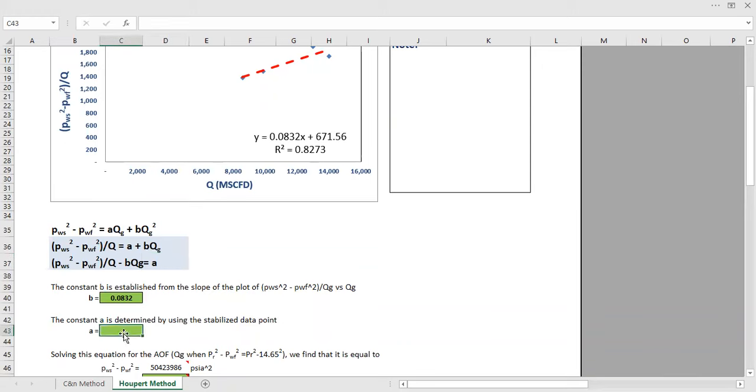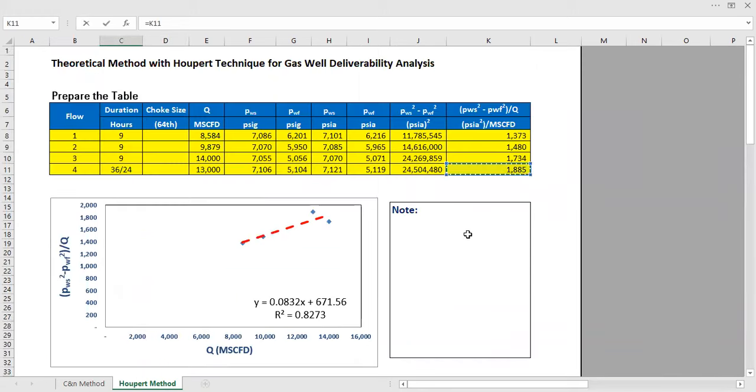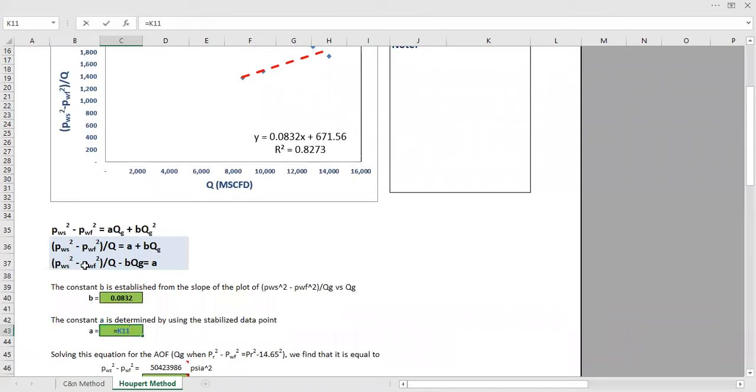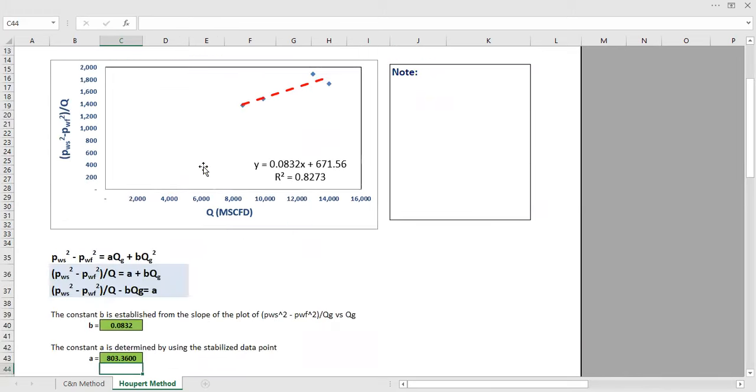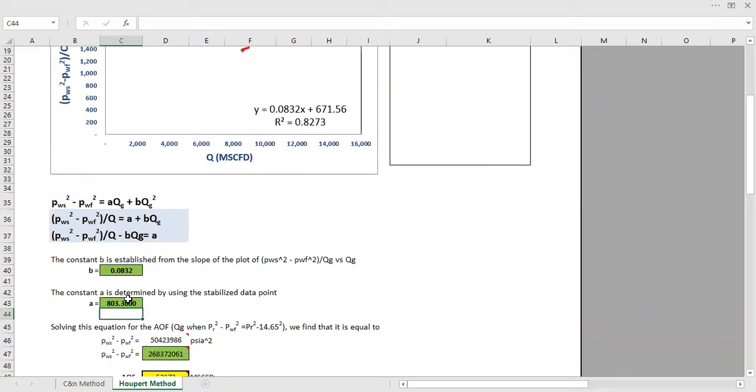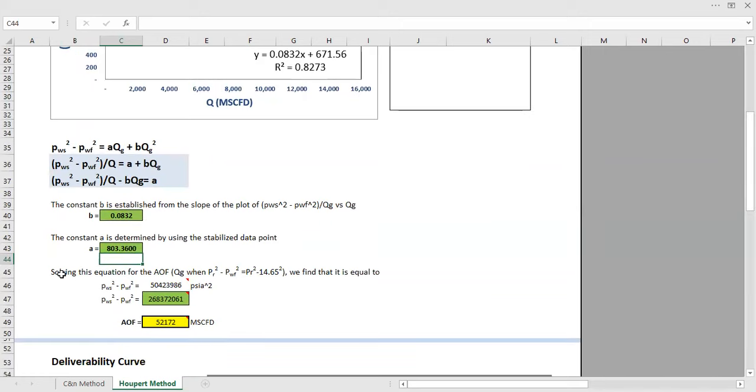So A is this one, minus B, multiplied by the flow rate at the stabilized step, which is 13,000. Okay, so that's very easy. The constant A is 803.36.